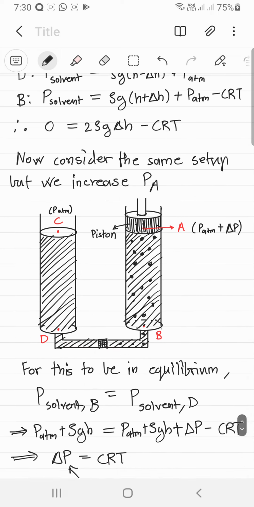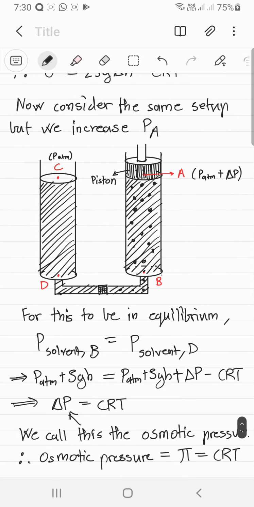Yeah, and then there's another configuration where you basically push down on the more concentrated side to keep the water from rising up.